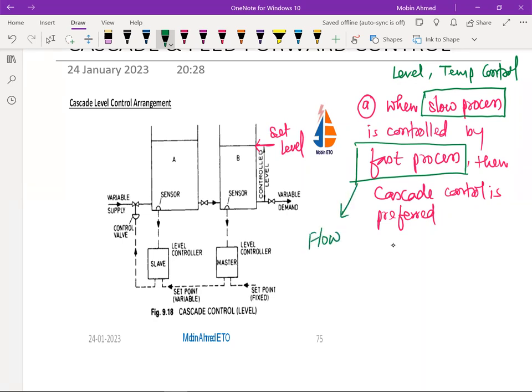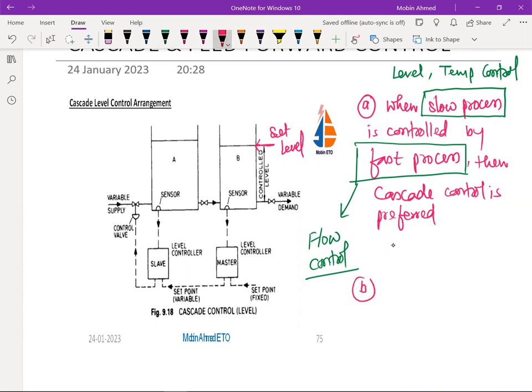So flow control we are doing. So flow control is a fast process. We are controlling the level by the flow control, and that's why this is a fast process. So wherever like this it is there, in that case, this cascade control is preferred. It is having the advantages.